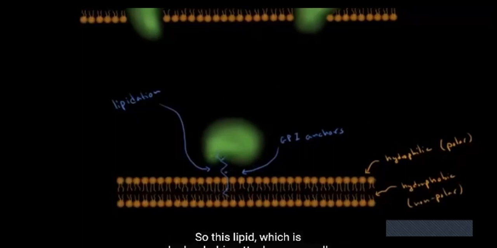So this lipid, which is hydrophobic, attaches very well to the inner part of the cell membrane that is also hydrophobic. And so that's how it helps to attach the protein to the cell membrane. And both glycosylation and lipidation usually do occur in the endoplasmic reticulum or in the Golgi apparatus.